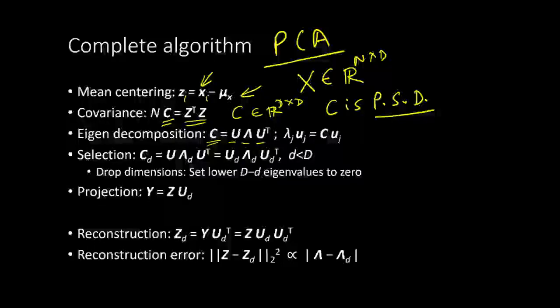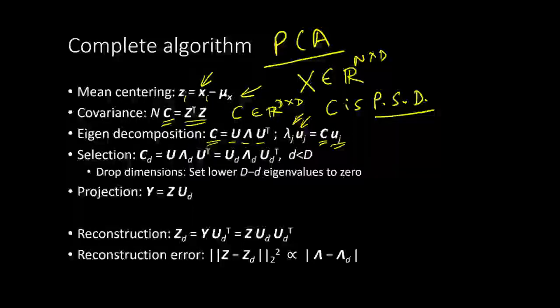And what are these three matrices? These are based on the eigen analysis. If we take C and multiply it with a vector uj, we will get the same uj scaled by the eigenvalue lambda j. That is the eigen decomposition of the matrix C.